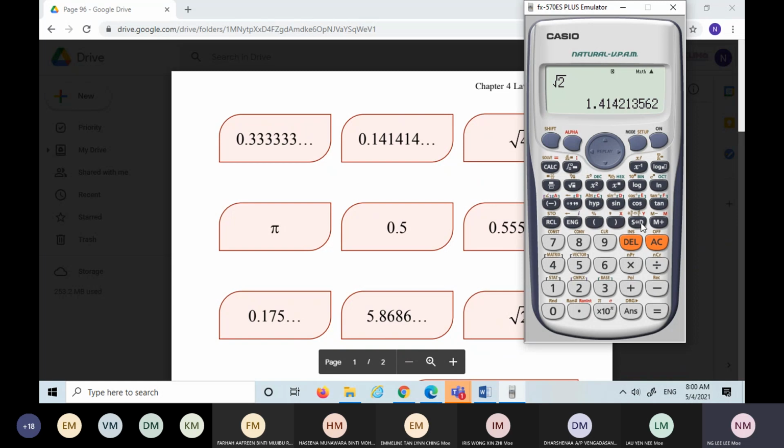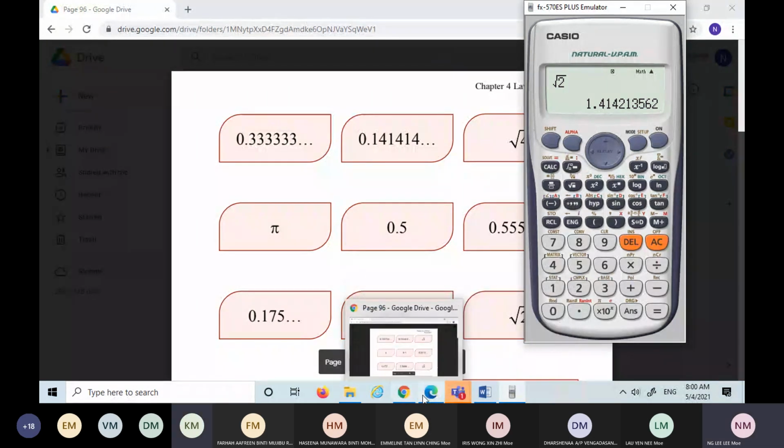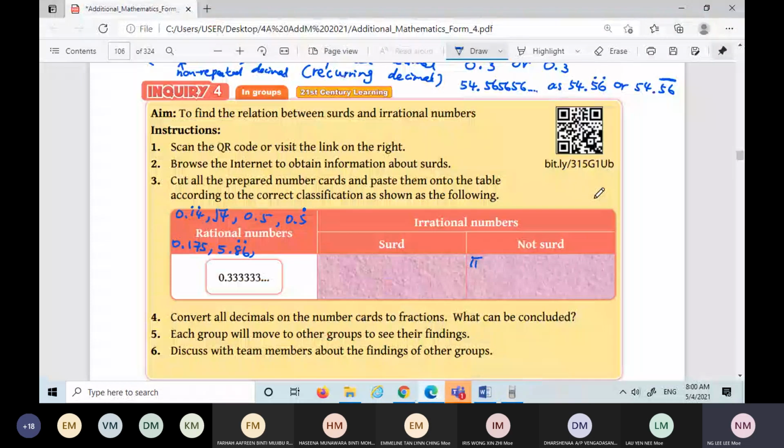So it's under irrational. Irrational has surd and not surd. This one definitely is which one? Surd. Okay, so it's under irrational number and then under surd. So you have square root of 2 here.